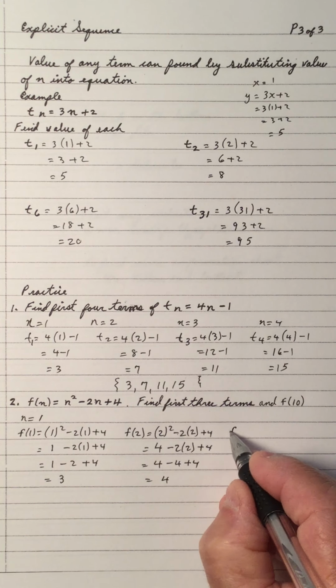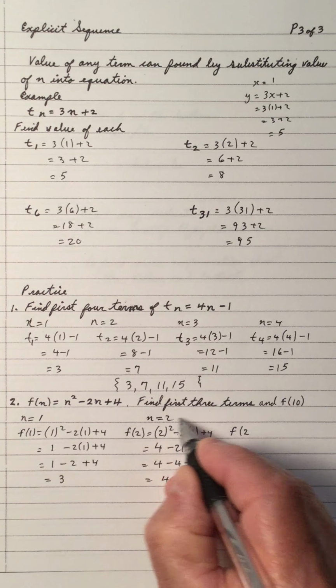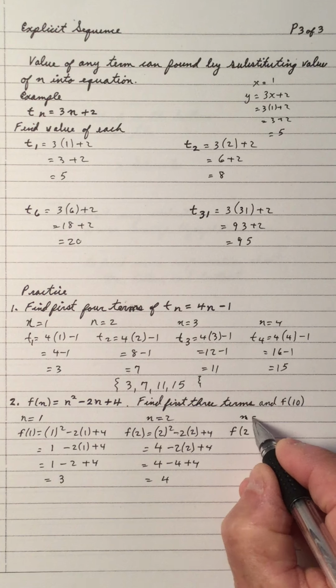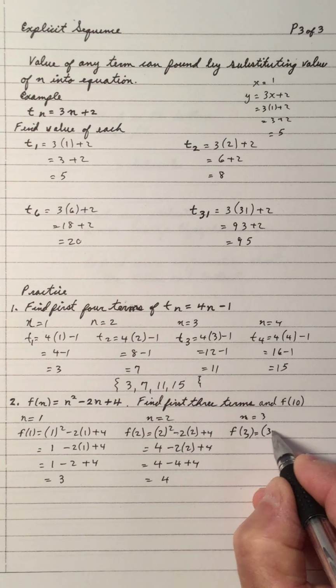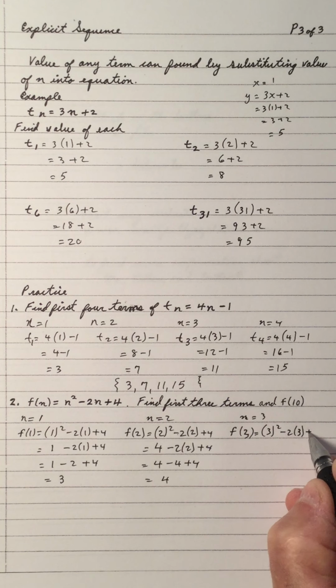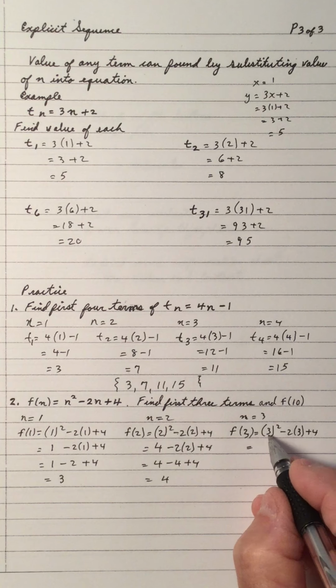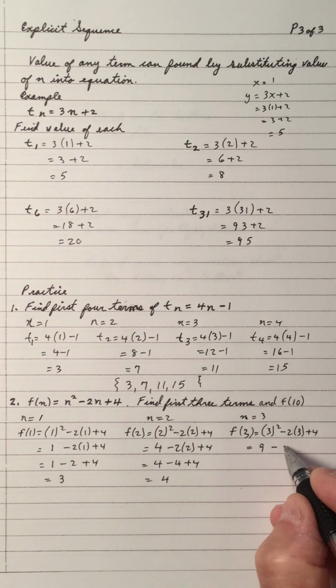And we do the f of 3. This is n is 2, this is n is 3, and we're doing 3 now. That's the third term. 3 squared is 9. Negative 2 times 3.